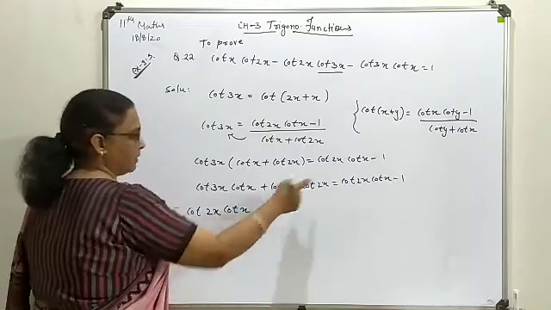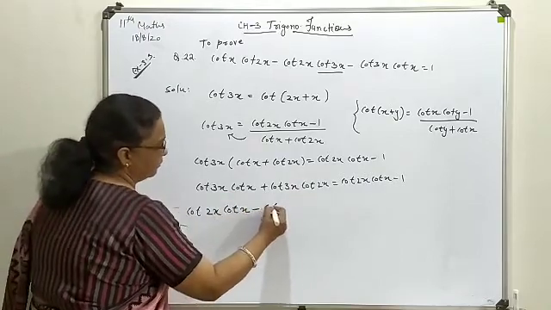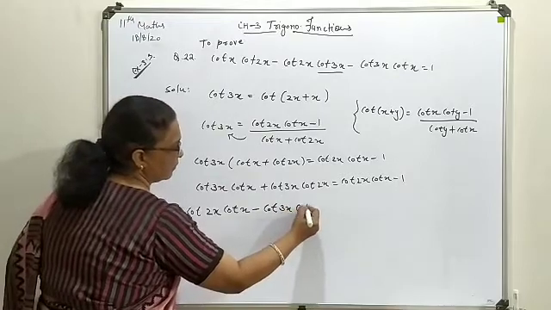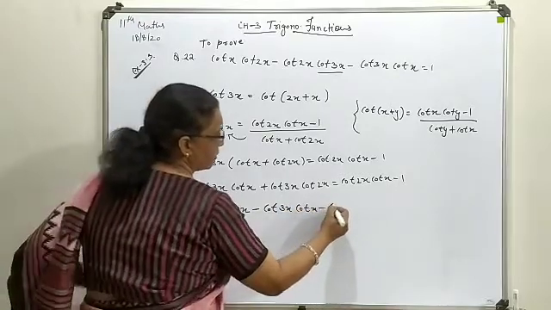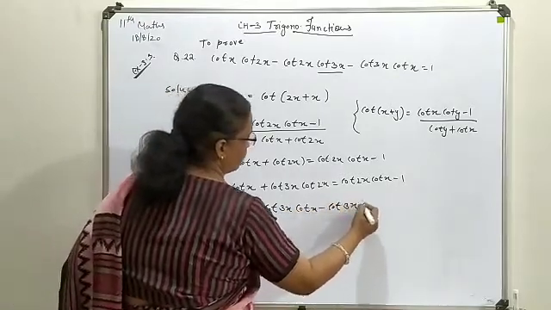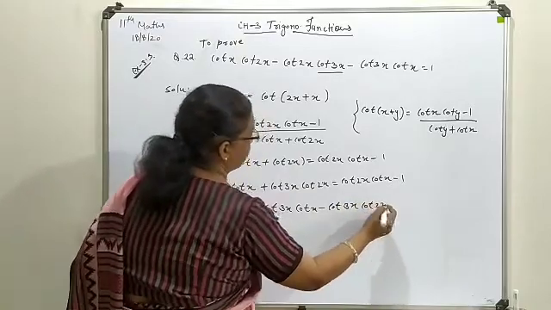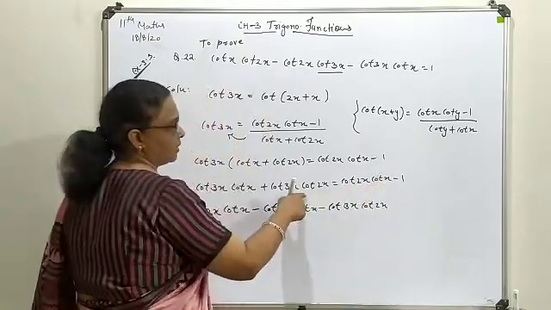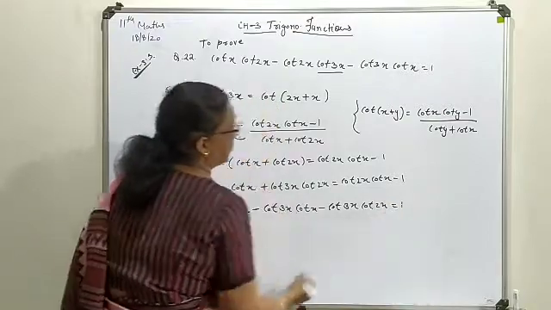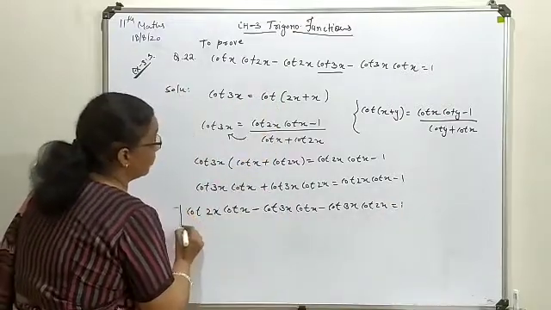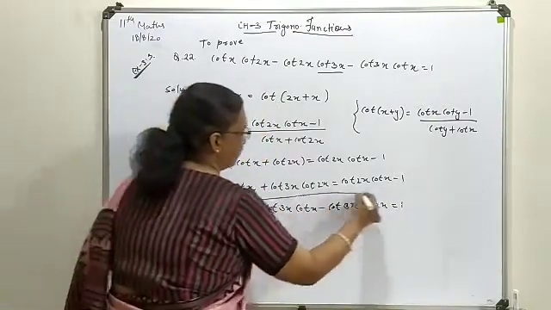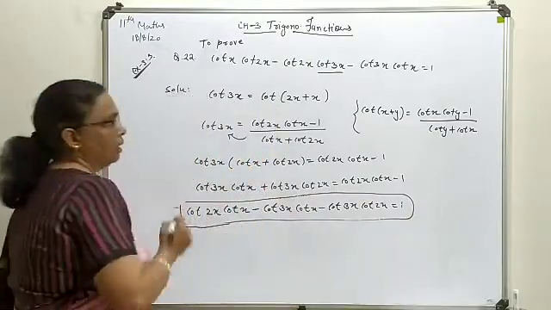On shifting towards that side it will turn with a negative sign, minus cot of 3x cot of 2x. Shifting this minus 1 towards one side, it will turn to a positive quantity. So this is the interrelation available to us, and we have established the question form.